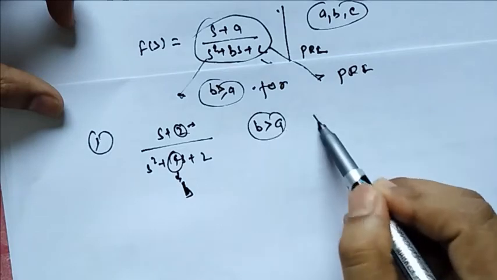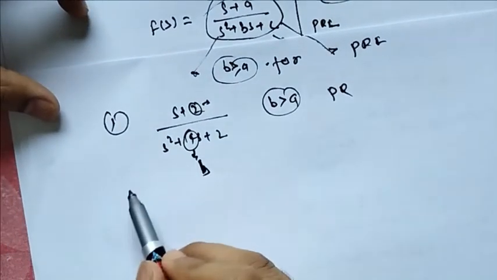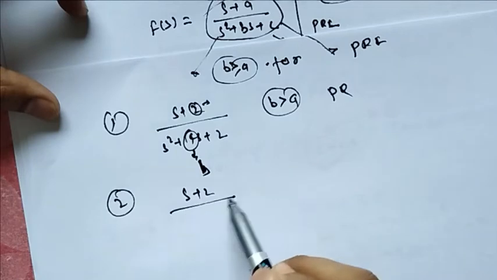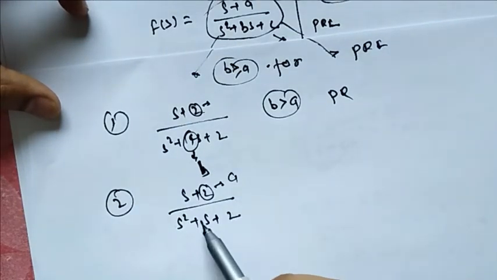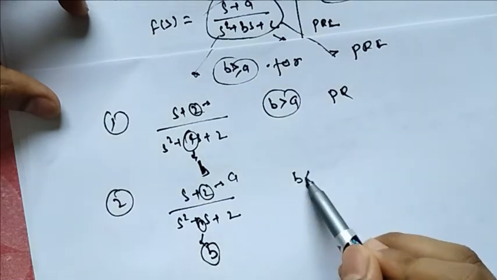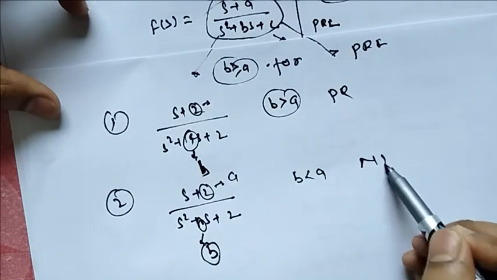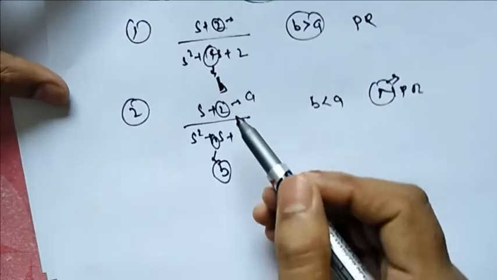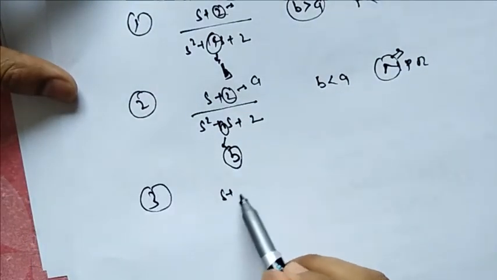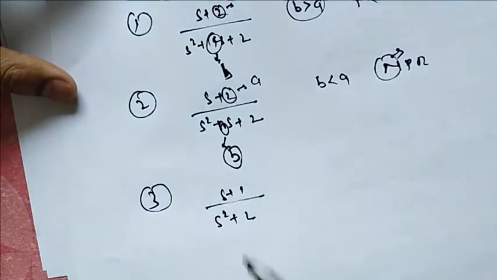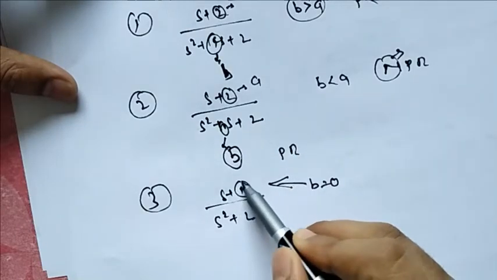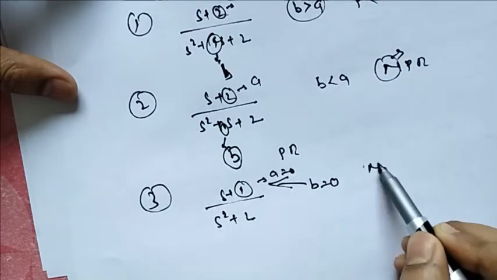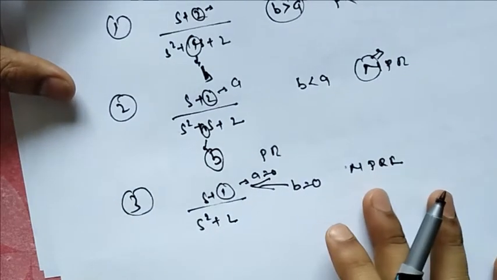Means b is greater than a, so this is a positive real function. Second, s plus 2 over s square plus s plus 2. Here this is a and 1 is b. Here b is less than a, so not PRF. Third, s plus 1 over s square plus 2. Here b is equal to 0, so for this to be PRF, a must also be 0, so this is not PRF. This is how we have shown it.